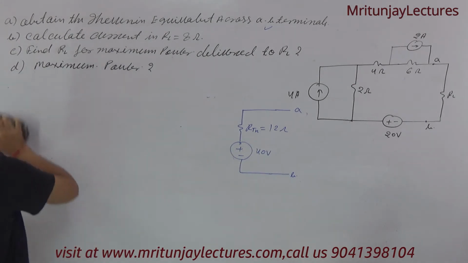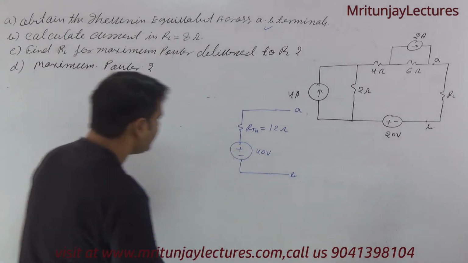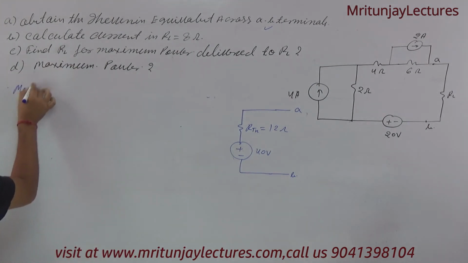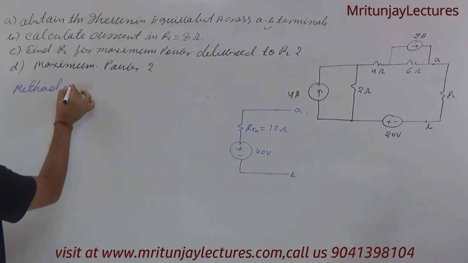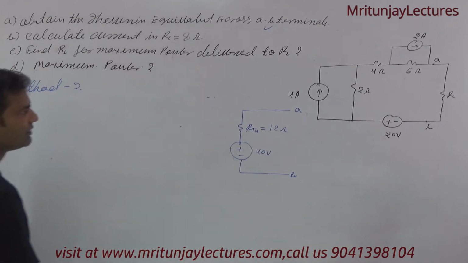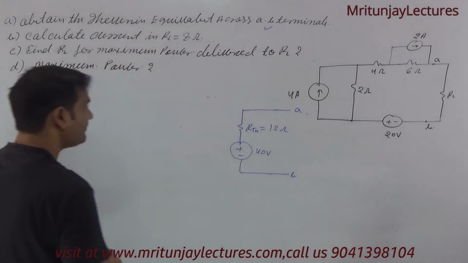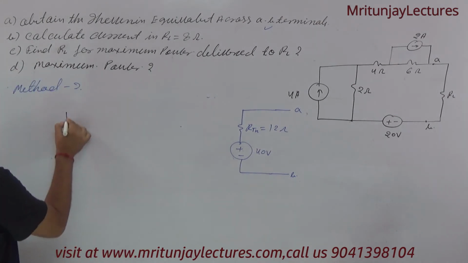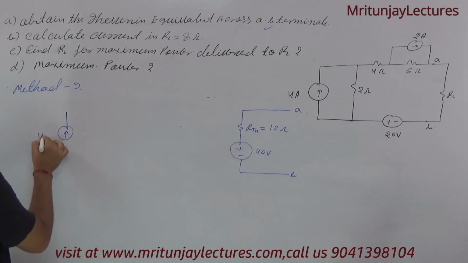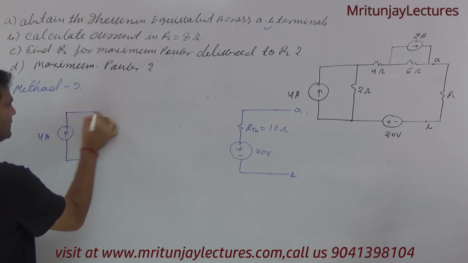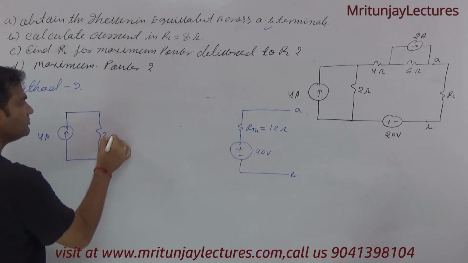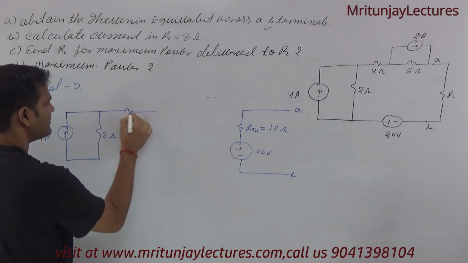Now method second. How can we solve with the help of source transformation? First of all, make that 4 ampere. This is 2 ohm, and this is 4.